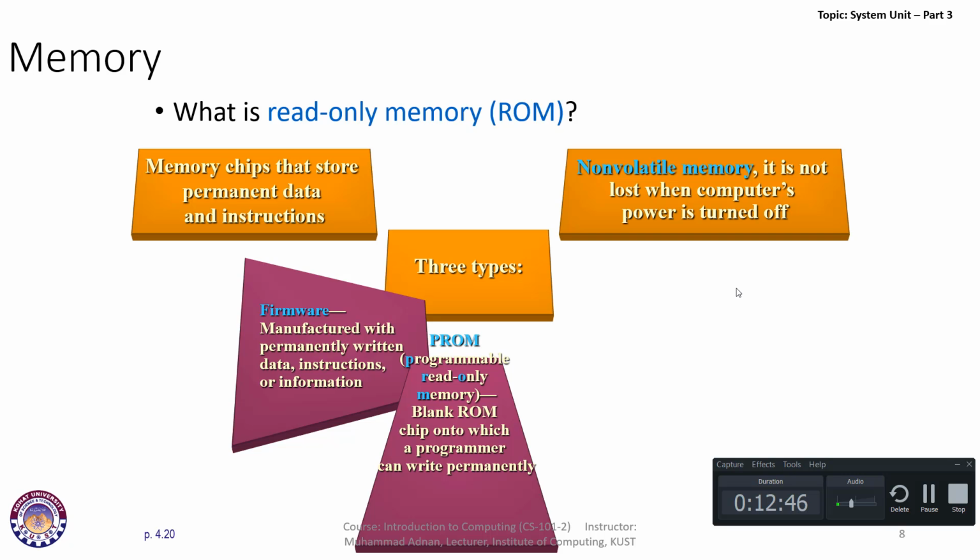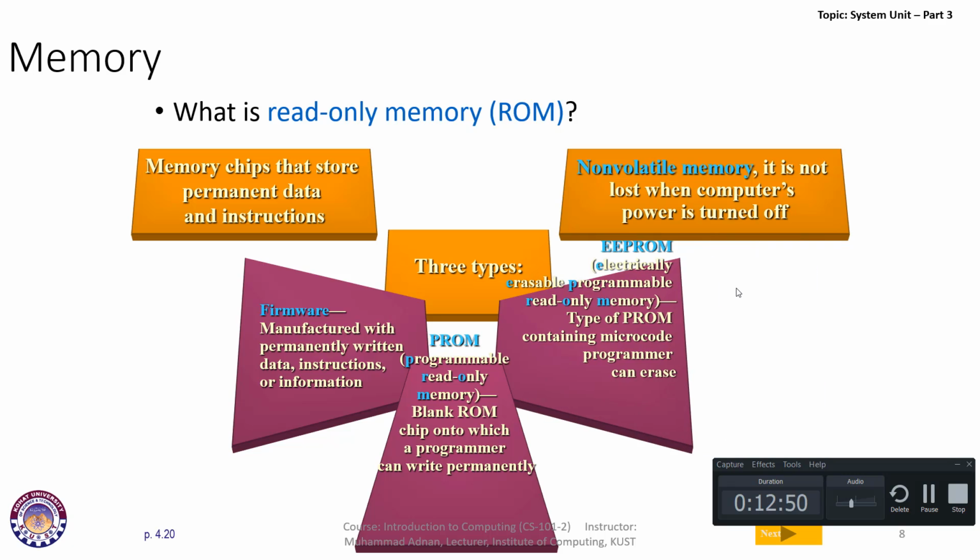Some important data are required for computer diagnostic or testing tasks, such as basic input-output services. So these are the ROM chips. These are also called non-volatile memory. It is not lost when the computer power is turned off. So the data is not lost when you turn off the computer.